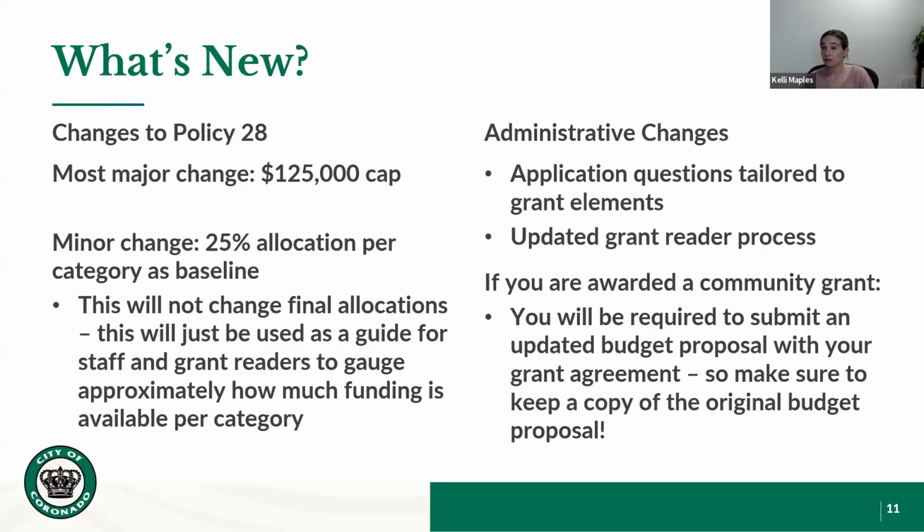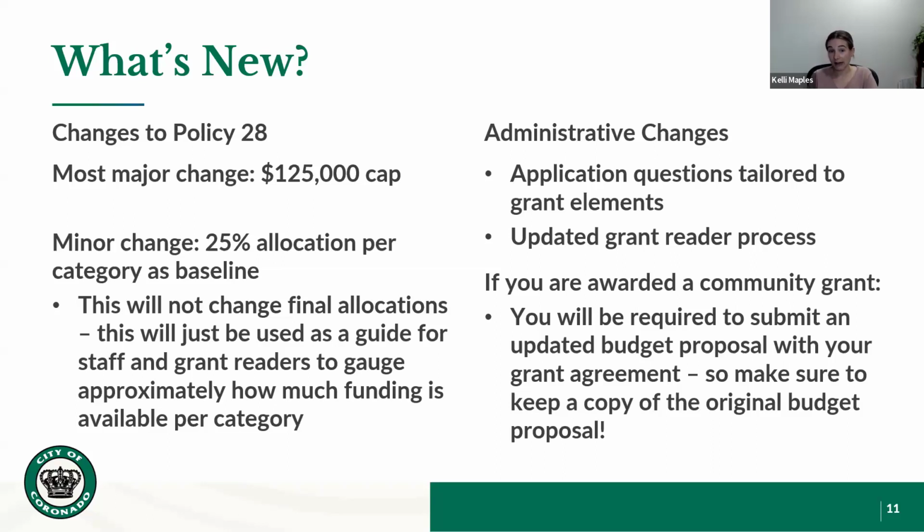This will be the cap for applications as well as for an organization. Unlike last year, where there were two different cap numbers, now it's just one baseline cap. If you want to apply for one grant for 125 or 3 grants that equate to 125, you're more than welcome to do that. Just know that 125 is that cap for all organizations.